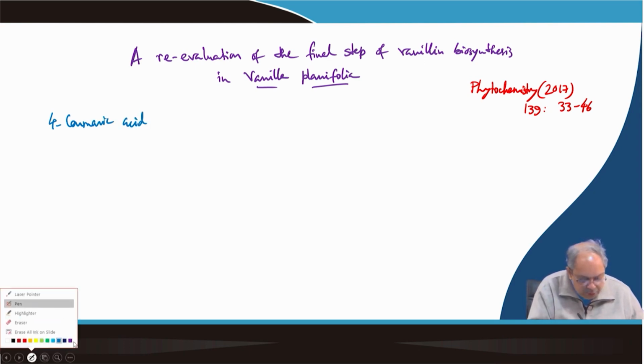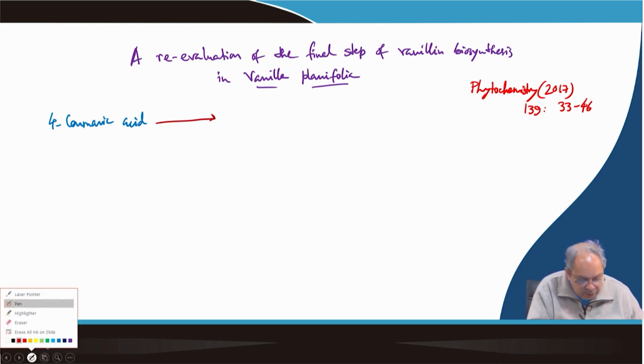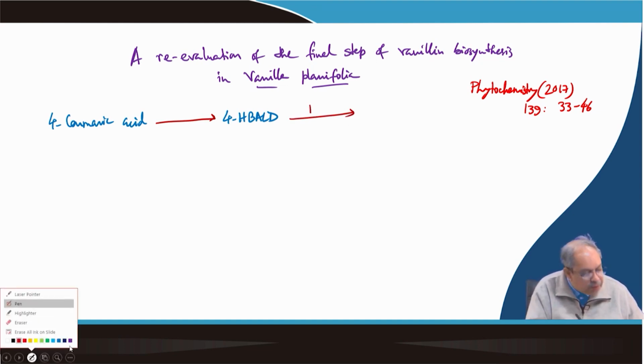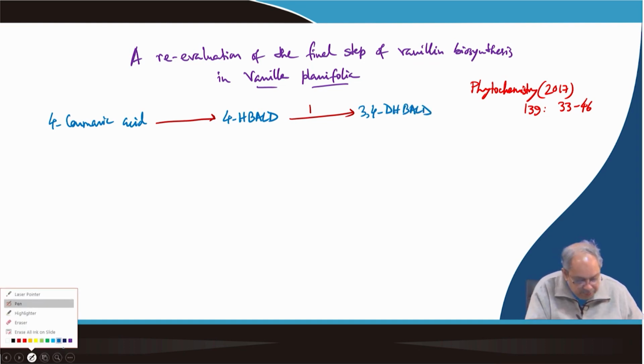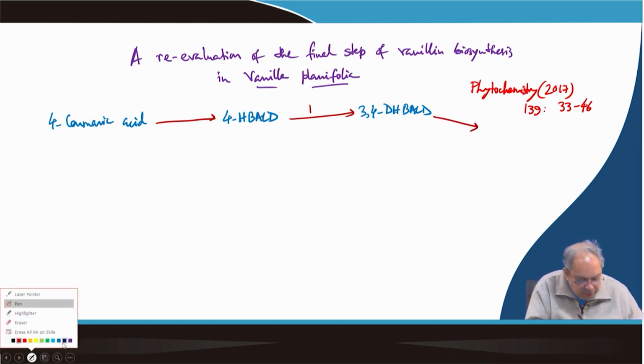What Dixon's group proposed, the first author then being Podstolski, is that this makes 4-hydroxybenzaldehyde, and that subsequently, by the action of a cytochrome P450, I will put the enzyme later, makes 3,4-dihydroxybenzaldehyde, and this one, by the action of an O-methyl transferase, makes vanillin.